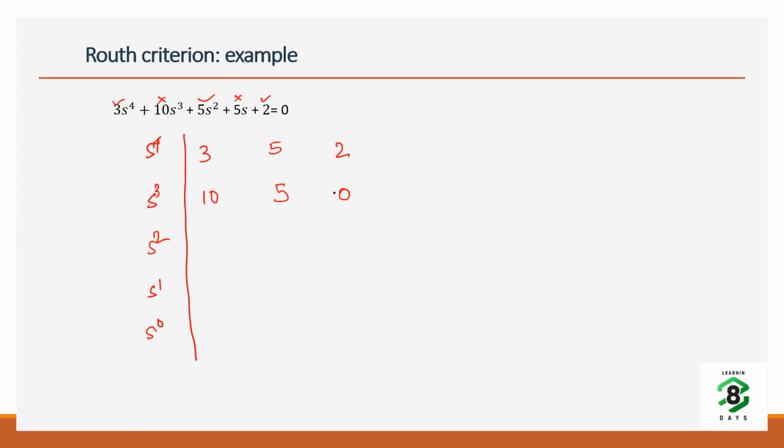Now we'll derive the remaining part. The first component over here is 50 minus 15 divided by 10, which is 3.5.